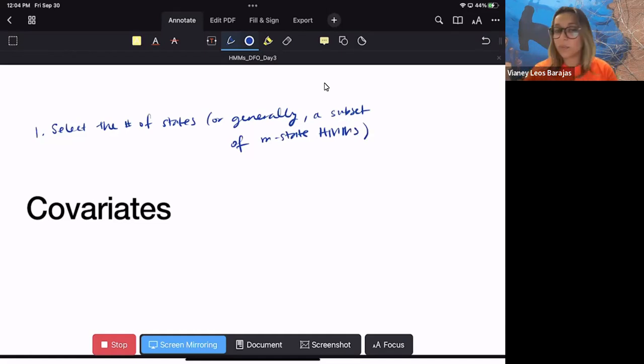So for example, if we move forward, we could say, well, we want to maybe test 2-state and 3-state hidden Markov models. But step one is generally trying to gauge an idea of how many states we want to work with in our hidden Markov model. And then stage two is the extensions. So incorporating covariates.